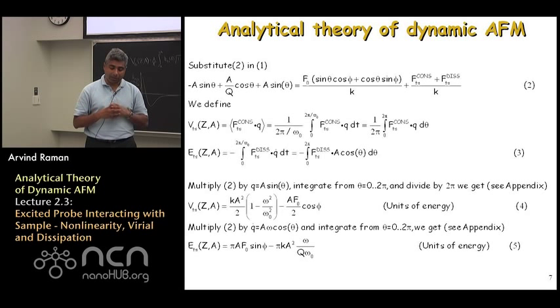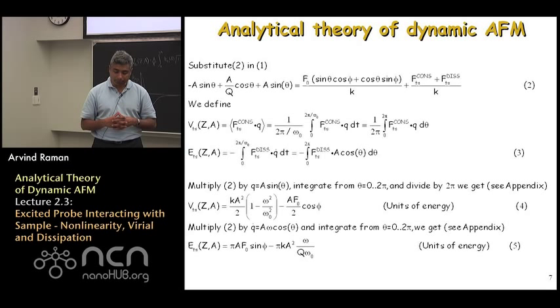These are in terms of observables in AFM, which are natural frequency, drive or excitation frequency, Q factor, amplitudes, and so on. The important thing is that both virial and energy dissipation have the units of energy, which means they're usually written in terms of electron volts or attojoules or nanojoules, and so on.